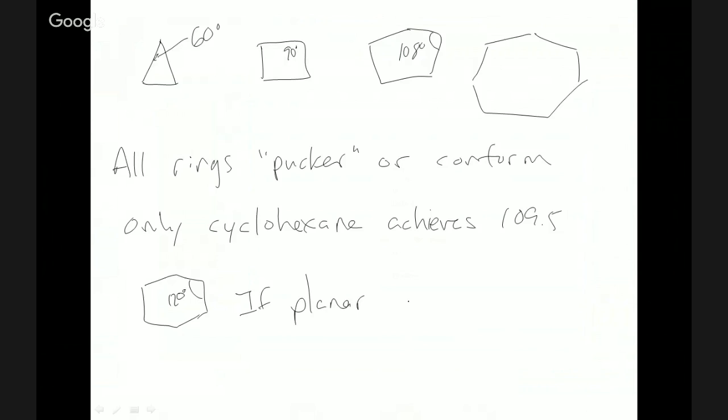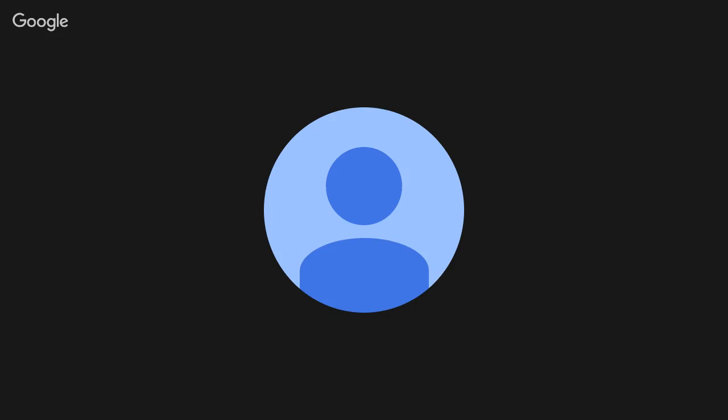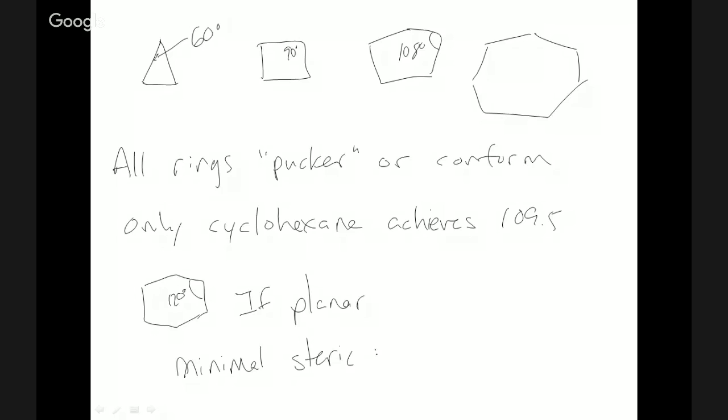But as it puckers, it only has minimal steric strain. So actually, in its puckered form, it doesn't have any angle or torsional strain. It's a very special puckered conformation called a chair.